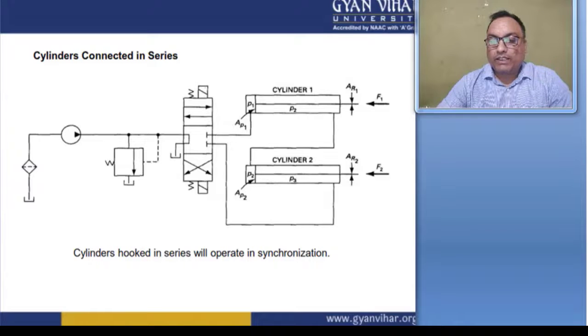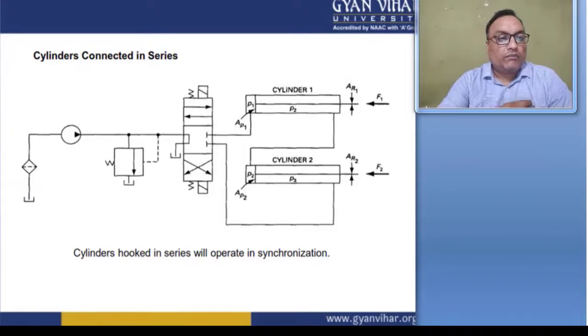And this mechanical method is the most common way to accurately synchronize the cylinders. So for this case, here is a series of cylinders, but here one problem is associated.